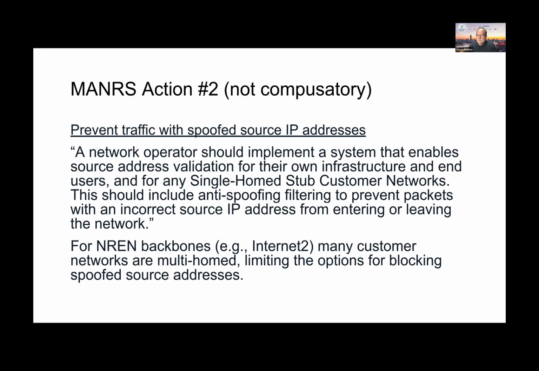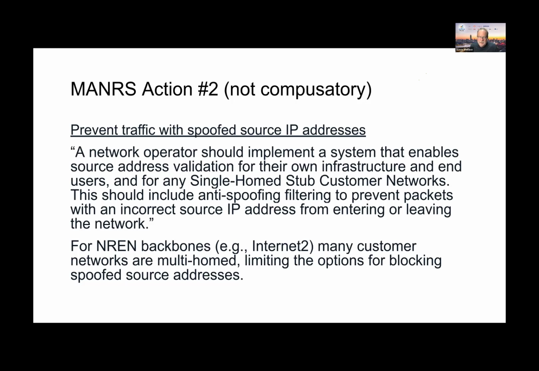straightforward to implement. In the case of the Internet2 network, we're basically a partial transit network. Many of our customers are multi-homed to us through different paths, and this is the case for many research and education backbones like Internet2. So this is not practical to do for many NRENs.